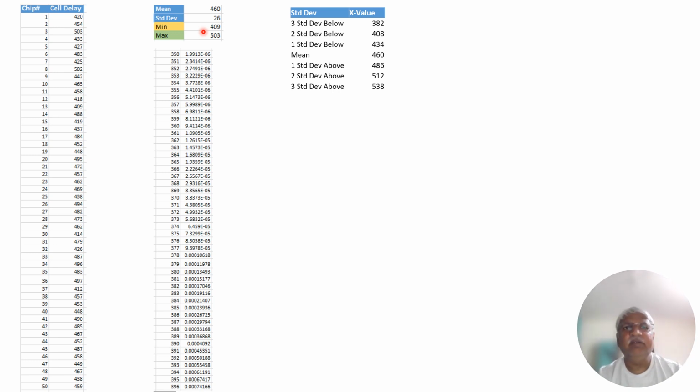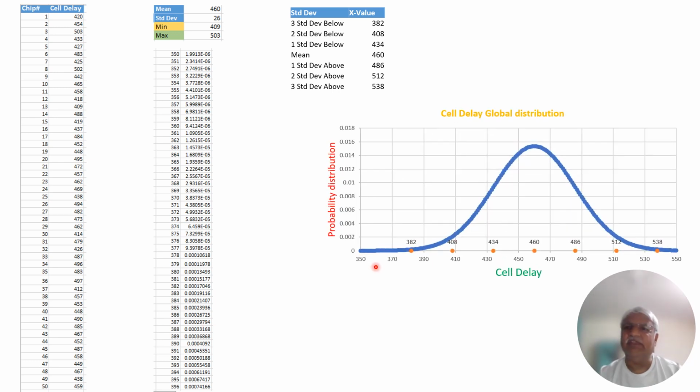Sometimes the distribution of the data will be skewed, hence it will not be following the Gaussian distribution. For understanding, we will consider the Gaussian distribution. So based on these data, the Gaussian distribution is figured out, and the data is plotted here.